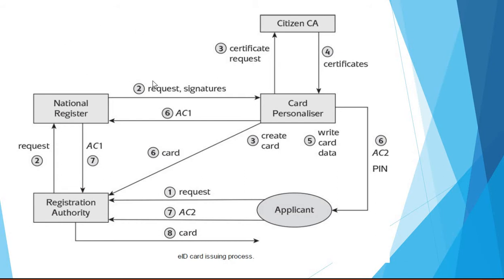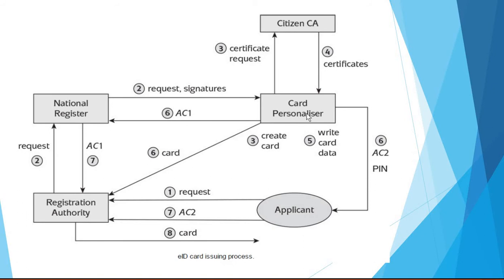Okay, so here if you see, the applicant will send the request, I want the electronic ID card. That request will be sent to the registration authority, RA. Then it will be forwarded to the national registry. From there, the request will be forwarded to the card personalizer who will manufacture the card. Then again, the national registry will ask for the digital signature also.